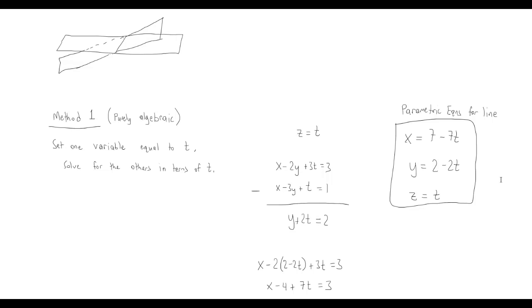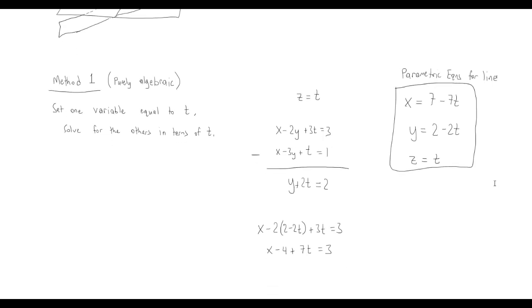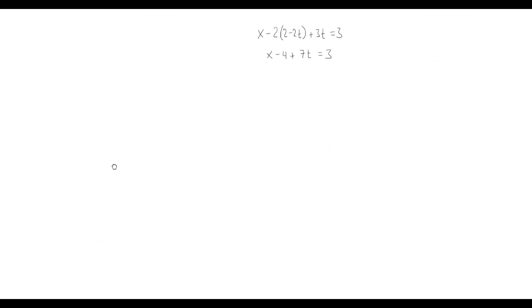Alright. So of course you could get the parametrization or the symmetric equations from that, but I'm just going to stop with those parametric equations. So that's one method of finding the line of intersection. Now there are lots of different things you can try to get the equation of the line.